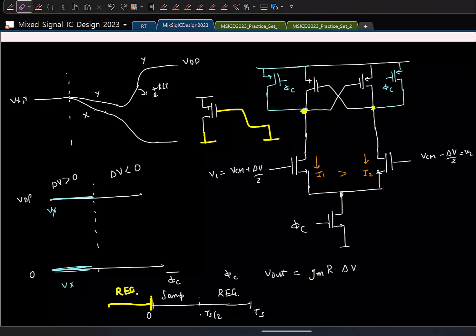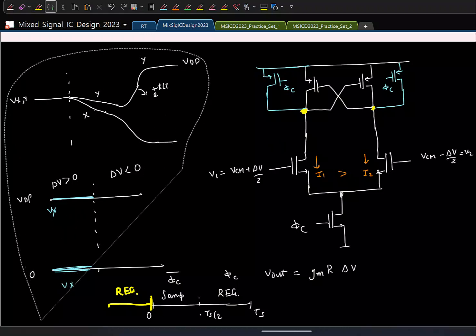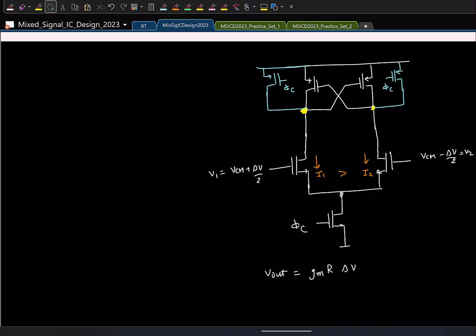So now, although this is looking nice, before going to that, let's actually quickly see how the voltages will change here. So let us say this is phi C 0 and phi C is made 1 here, and we'll consider a case where delta V is greater than 0 again.